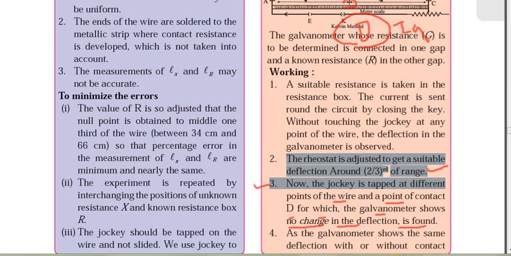When at that point the current through the galvanometer will be 0. So after that we can say that this मीटर ब्रिज इज़ इन बैलेंस कंडीशन, ठीक है। तो वो पॉइंट हम फाइंड करेंगे बाय टैपिंग द जॉकी at the different points on the wire, and that point D will be obtained. So the deflection in the galvanometer will be 0.